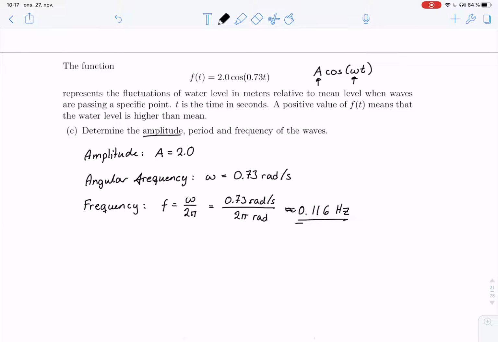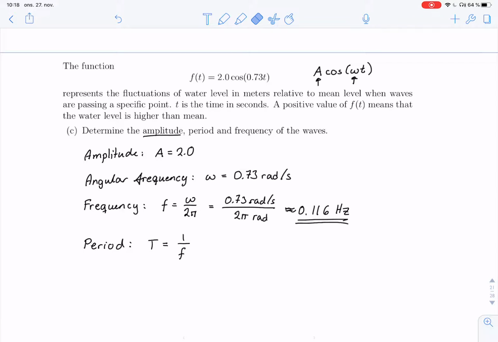So that would be our frequency, and our period, that's simply how long is one period, and we can measure one period from top to top, or from bottom to bottom, or the same phase.